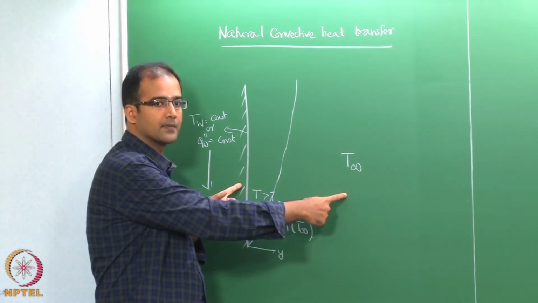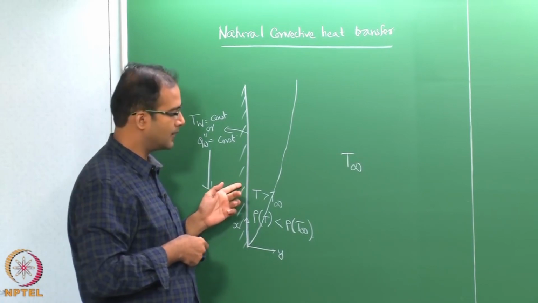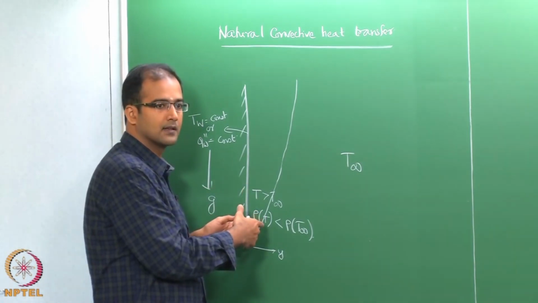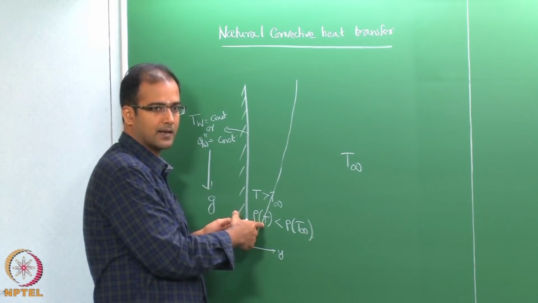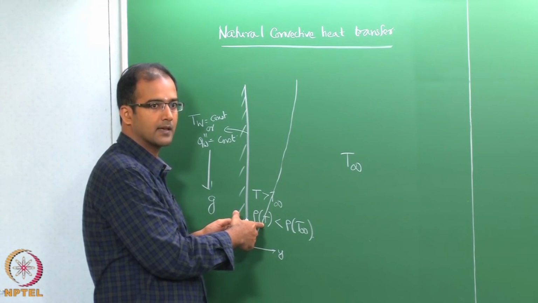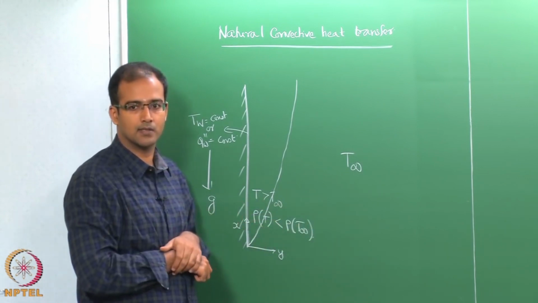This is the starting point of the convection, and this temperature difference maintains a density difference between the hot air close to the plate and the ambient quiescent air outside.